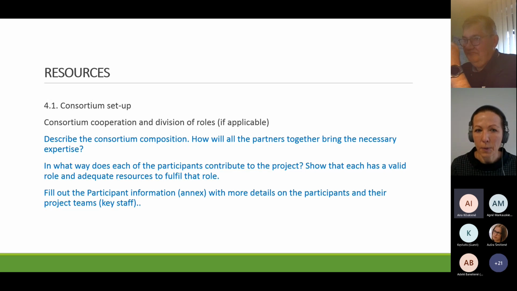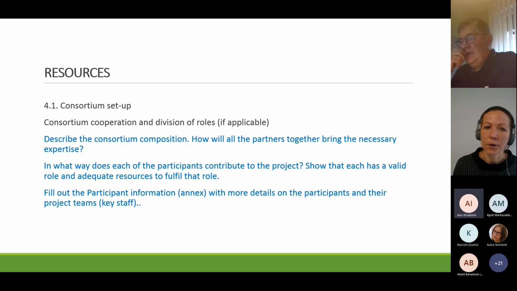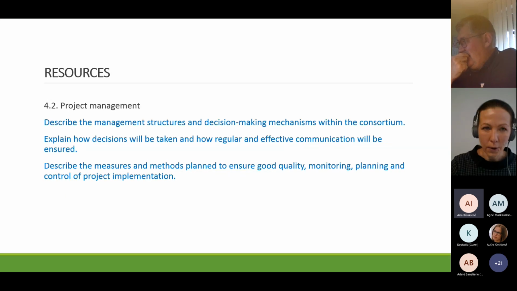So there must be a reason, and you just have it here. Also remember that you have the participant information annex where you have the full information on partners, so you don't have to repeat it here. Here you only give a description of why you have this and that partner in your project.